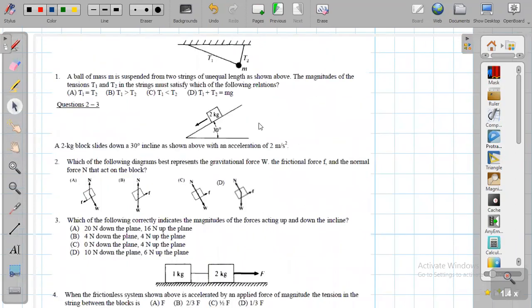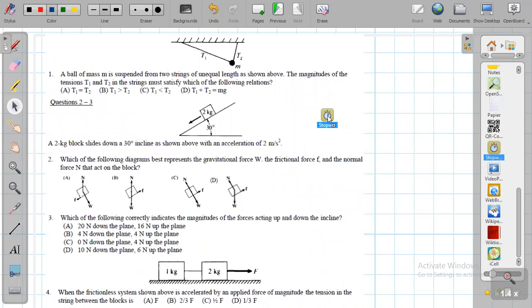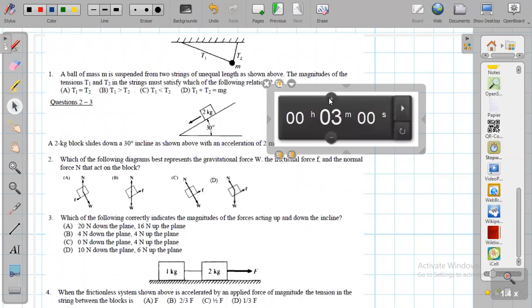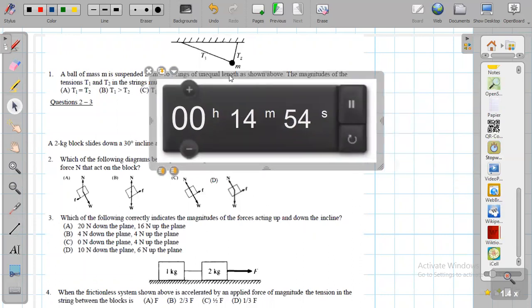Okay, I will turn on the timer. Wait, I'll turn on the timer. Okay, your timing begins now. And you have to send me your answers at the end. Answer with numbers, as an example, A for 1. It's not the answer, but I'm telling you it's like A for 1. Okay, start.